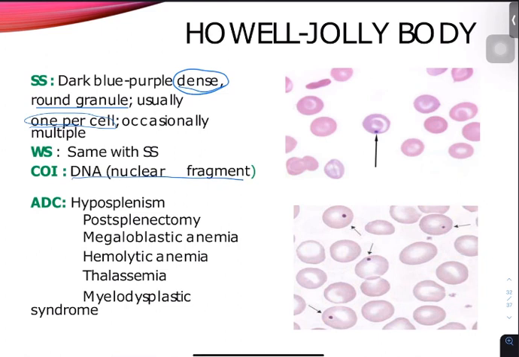Unlike the first two, which are RNA, for the Howell-Jolly body it is DNA. Associated disease or condition: hyposplenism. If you have had your spleen removed, postsplenectomy, it is possible that your RBC will contain Howell-Jolly bodies. Also megaloblastic anemia, hemolytic anemia, thalassemia, and myelophthisic disorder.